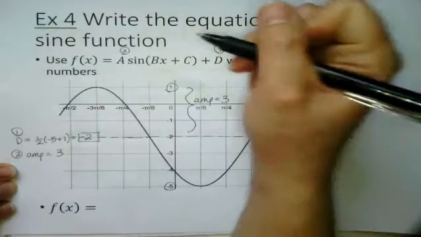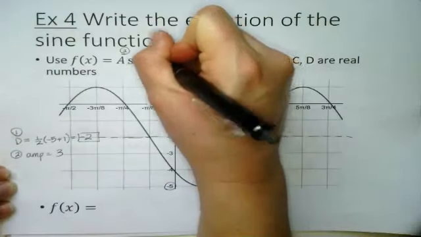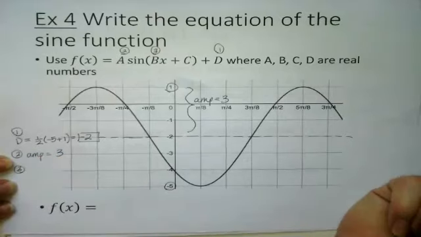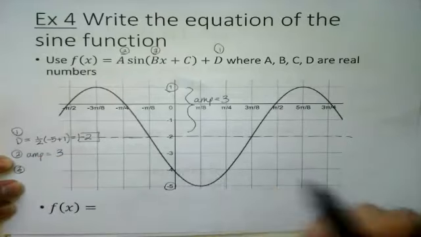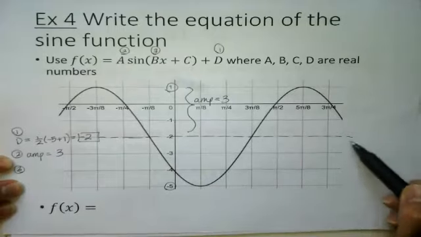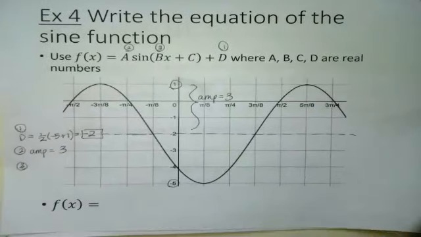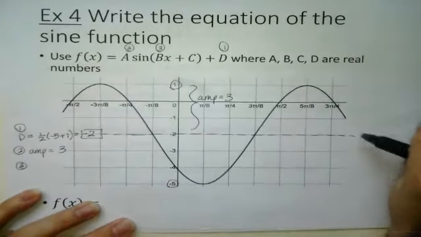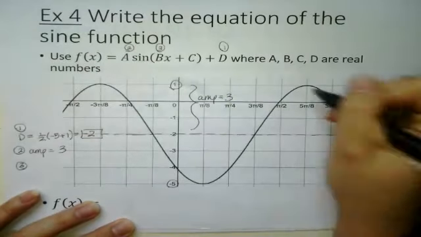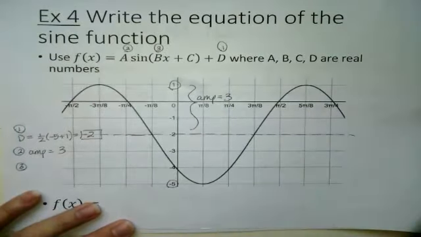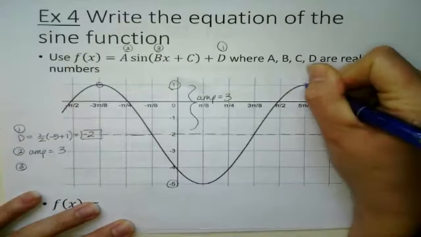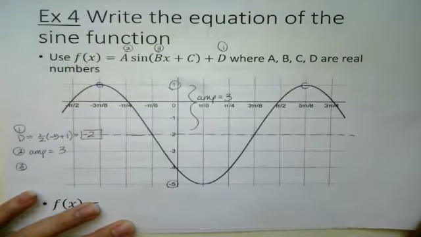All right, now I want to go ahead and figure out B, but in order to do that, I have to figure out the period. So what I don't see is a complete sine curve. So I see middle, low, middle, high, but I don't actually have the middle here. Since we don't have a complete normal looking sine curve, the other method we can do is to figure out the period to go from maximum to the next consecutive maximum.